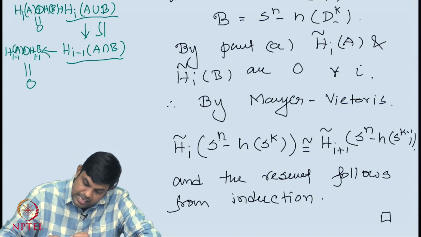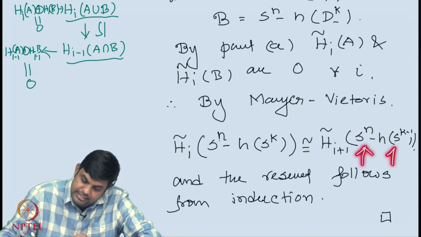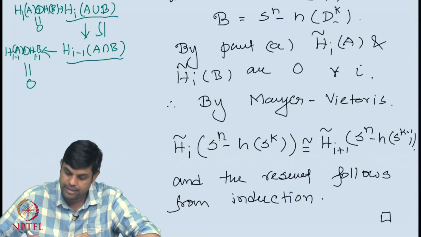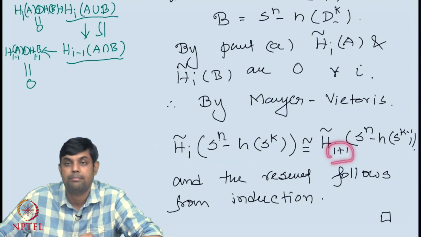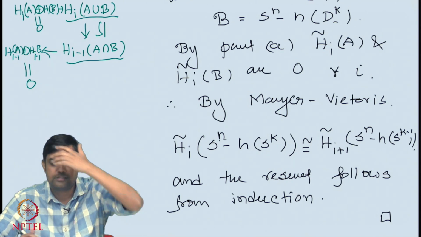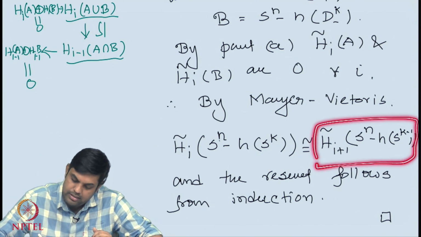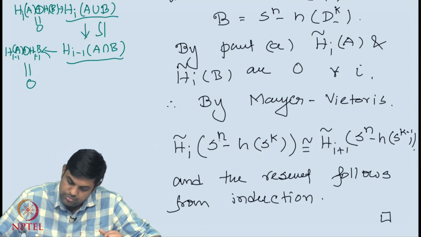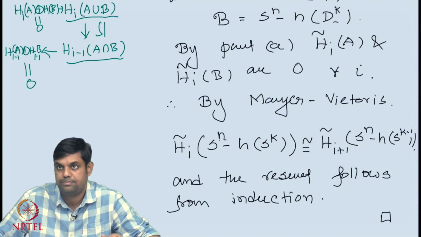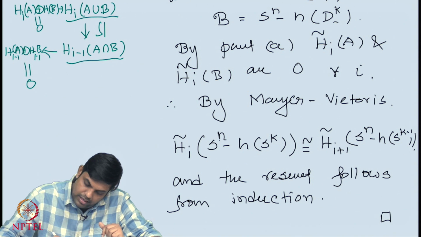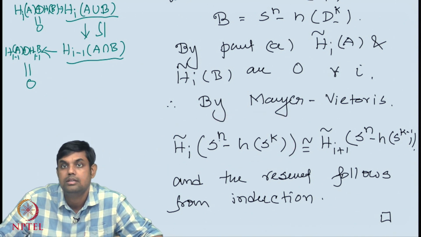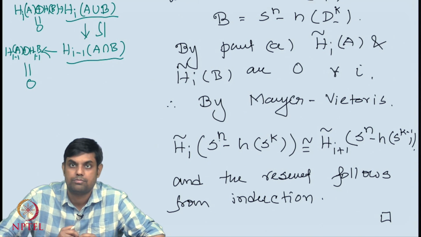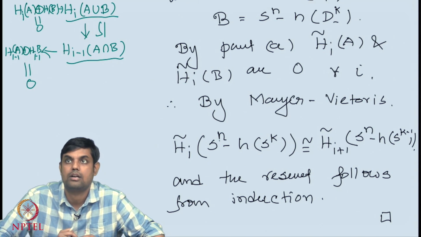So, therefore, I can just keep on using induction at each stage, and I can reach a stage where I realize that if I is equal to n minus k minus 1, this one will tell me that this is isomorphic to Z. Okay. So, that means here also it will give me n minus k minus 1 will be isomorphic to Z. Everywhere else it is 0.